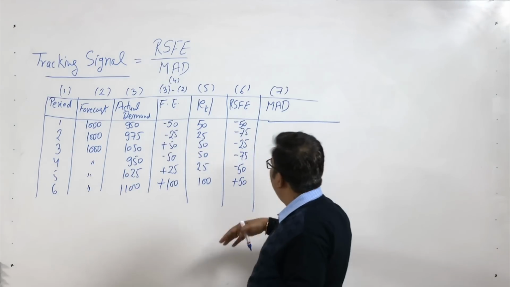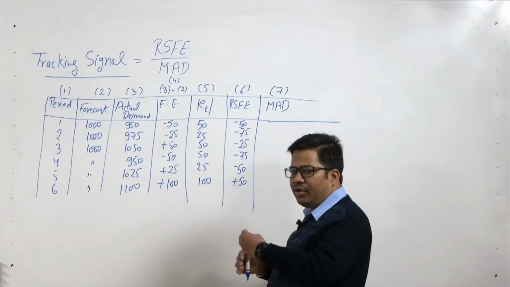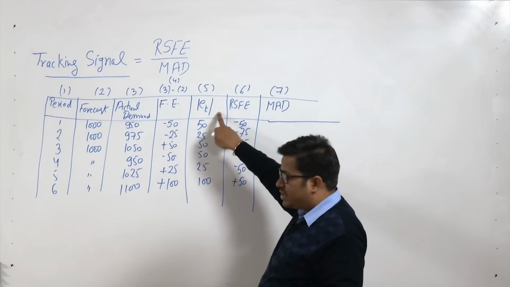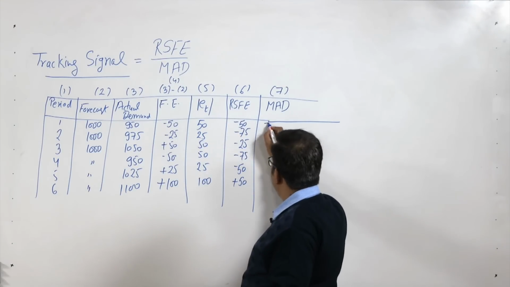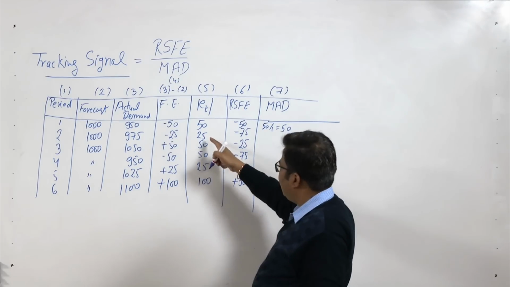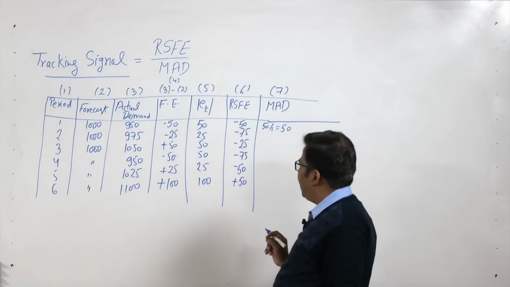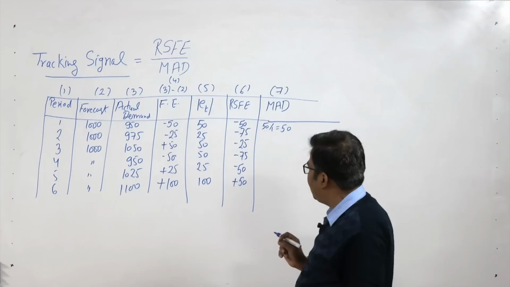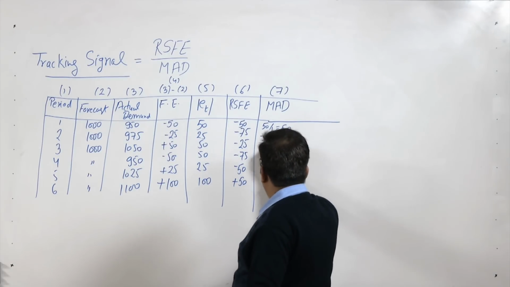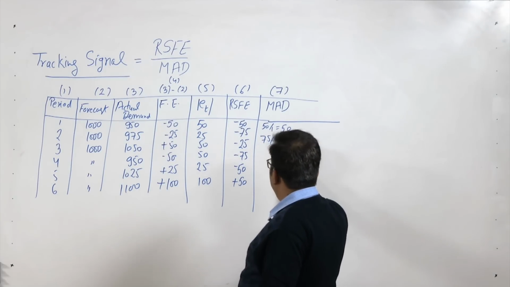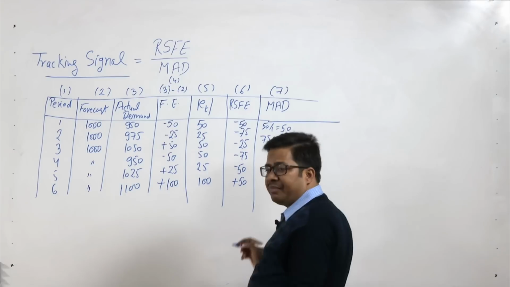So, as you go up, you need to add up the absolute values of forecasting errors. So, here it is 50 by 1, 50. In the second case, it is 50 plus 25, that is 75, and 75 divided by 2, so it is 37.5.